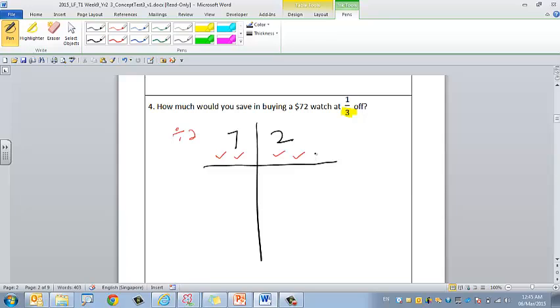Okay, so now this 7. So we need to draw 7 circles. So 1, 2, 3, 4, 5, 6, 7. Okay, and here we need to draw 2 circles. So 1, 2. Okay, so now we will need to circle 2.